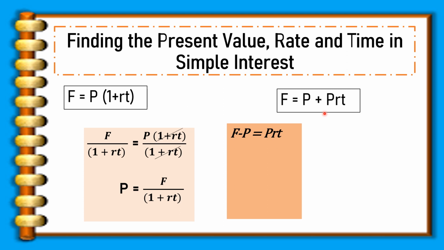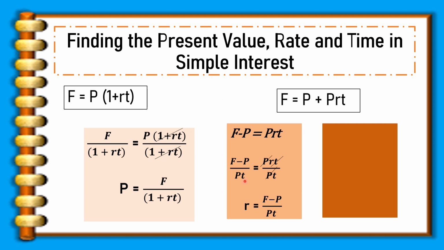To solve for R, simply use the addition property of equality by adding negative P on both sides of the equation, and then divide both sides by PT. So PRT divided by PT is R equals F minus P over PT.